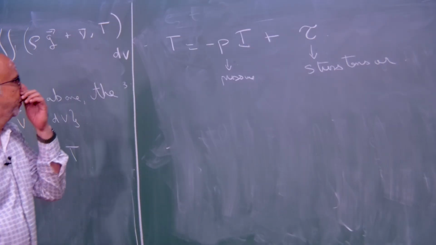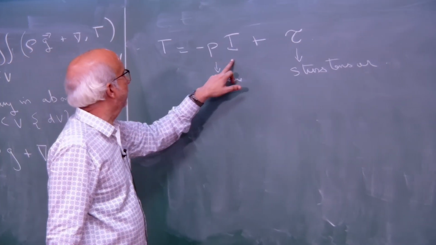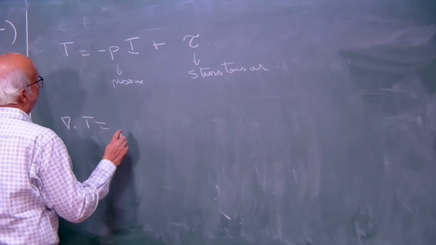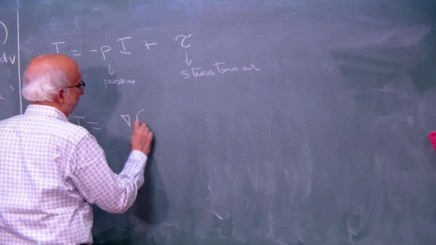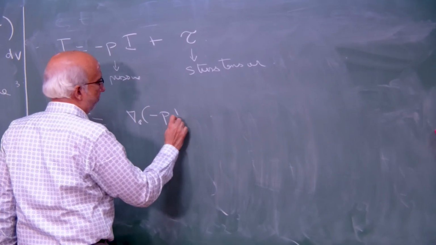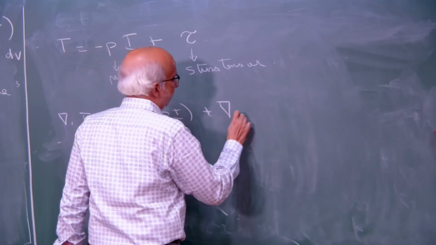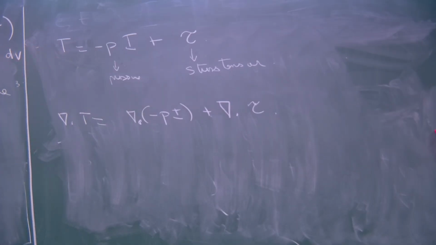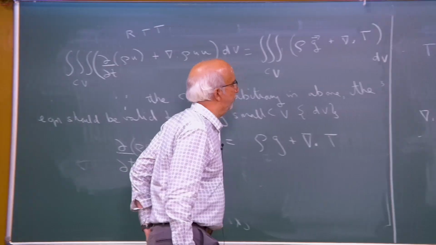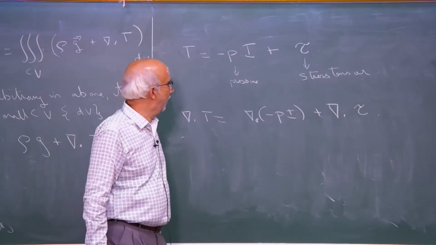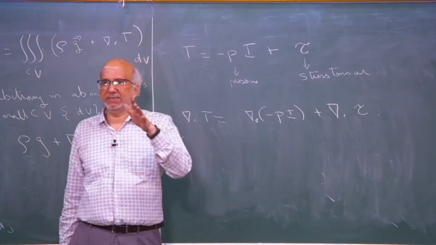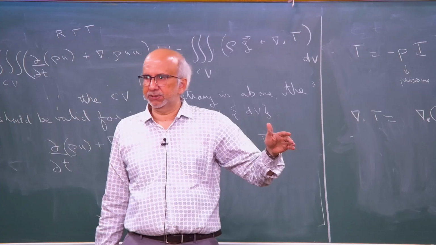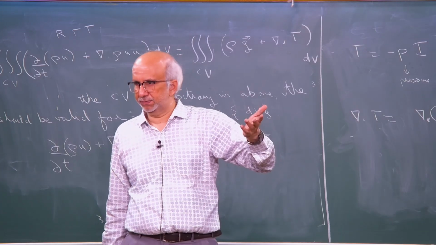What I want to do is, I need to do divergence of T, right? Divergence of T, and substitute it here. I should get divergence of minus P I plus divergence of tau. Okay, I am substituting for capital T. What is I? I is the identity matrix which has 1 along the diagonals and 0 everywhere else.